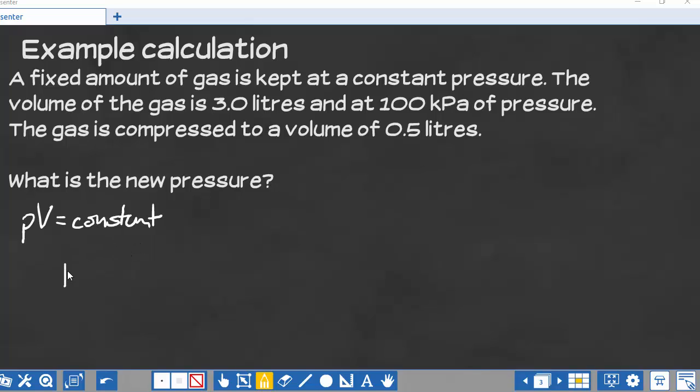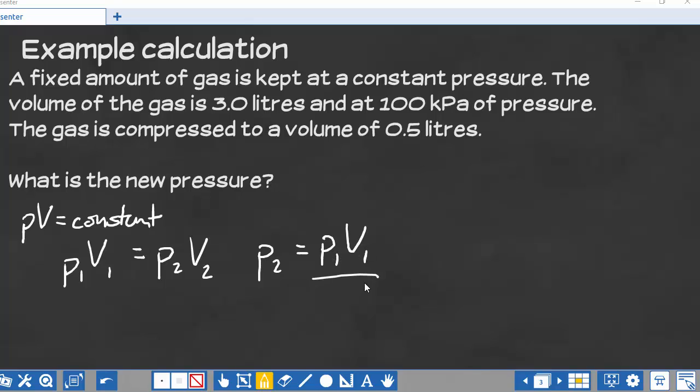So if I look at the conditions to begin with, P1 times V1, they must equal the conditions afterwards, P2 times V2. Now if I rearrange this equation to give me the new pressure, P2, that's going to equal P1 times V1 divided by V2. Now if I substitute my numbers in, I'm going to have a volume of 3 multiplied by a pressure of 100 kilopascals.